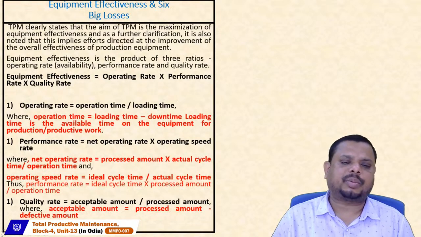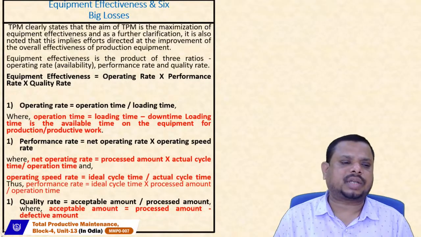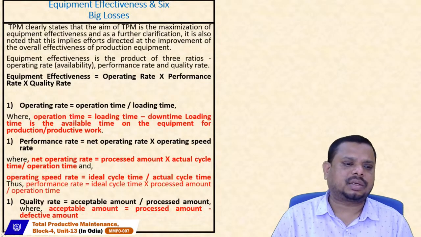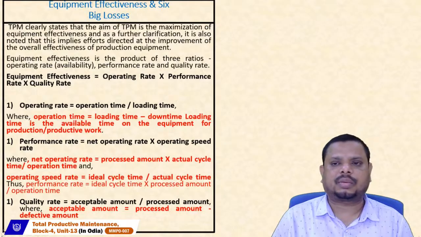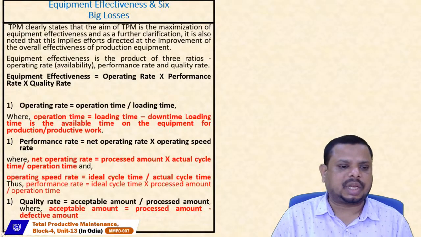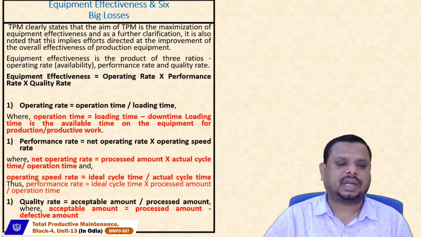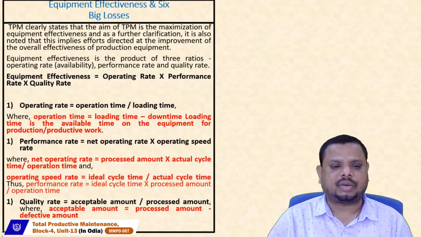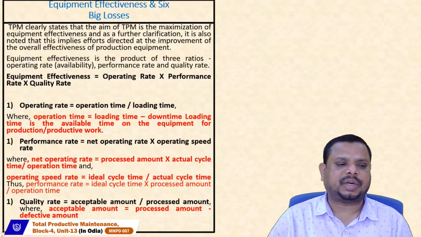Operating rate means operating time divided by loading time, and the operating time equals loading time minus downtime. Loading time is the available time on the equipment for productive work. Similarly, for the performance rate, the formula equals net operating rate times operating speed rate.